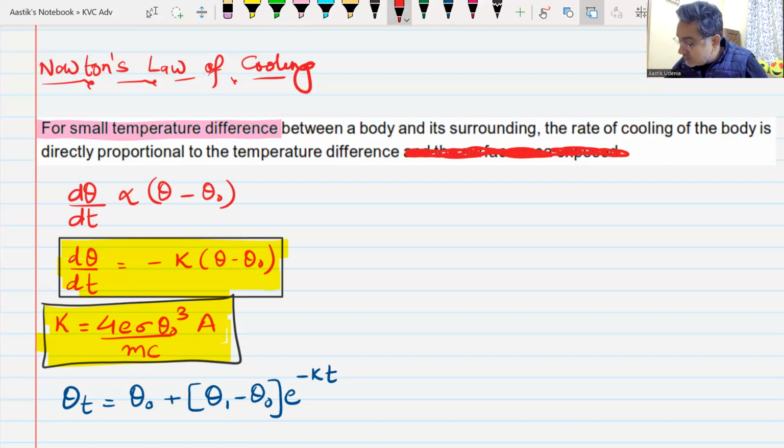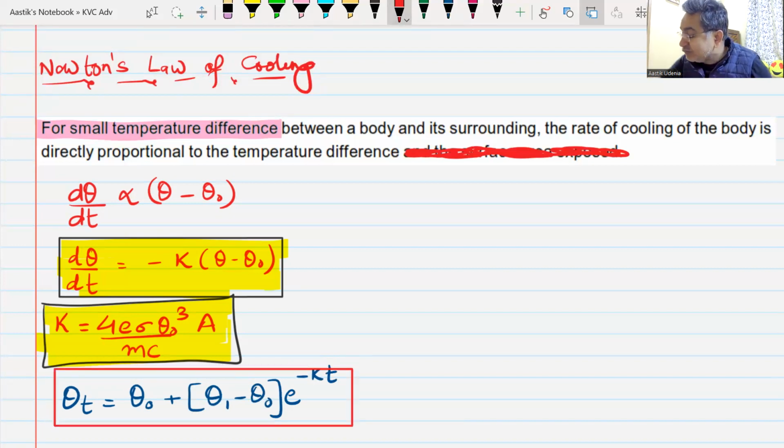This is the original form of Newton's law of cooling.